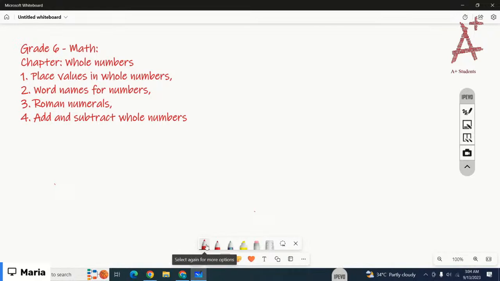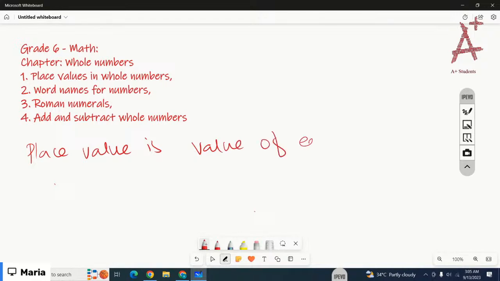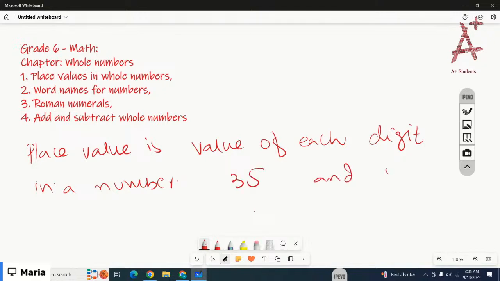Place value is the value of each digit in a number. For example, you have 35 and 53. What is the place value of 5 in this number? What is the place value of 5 in 35?